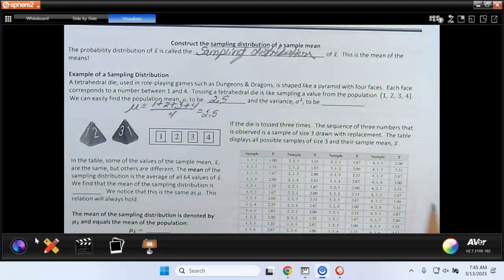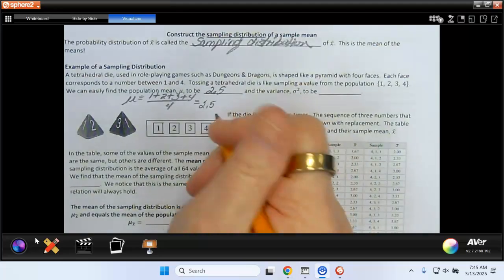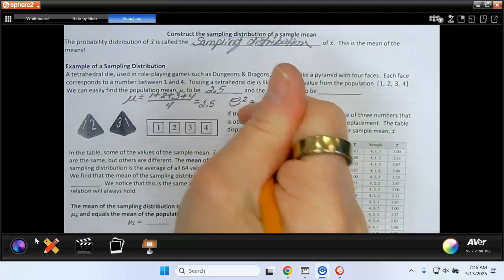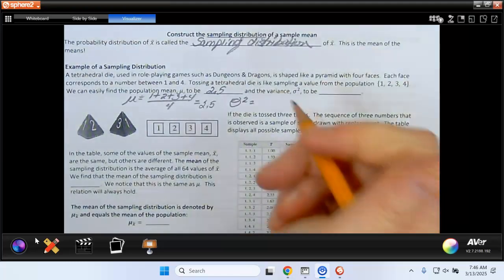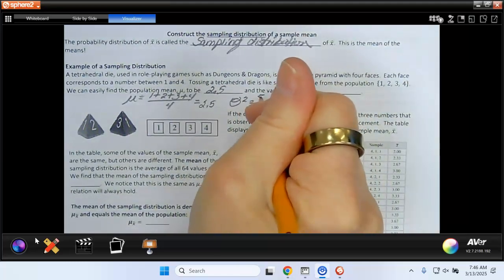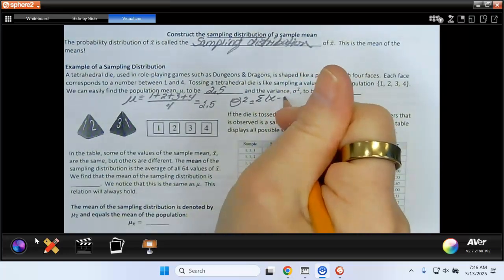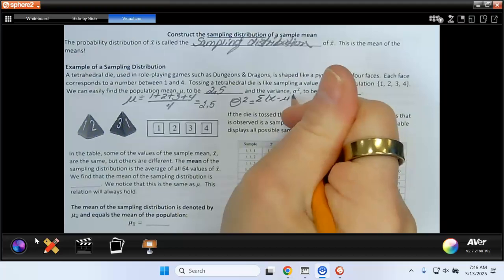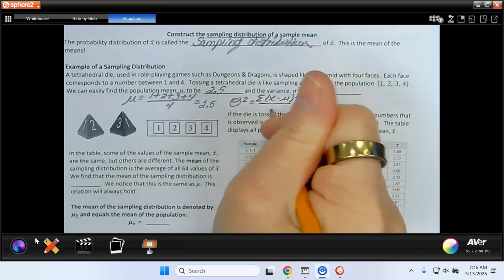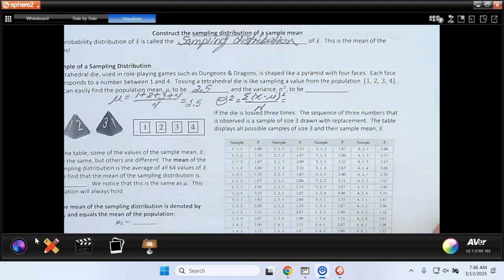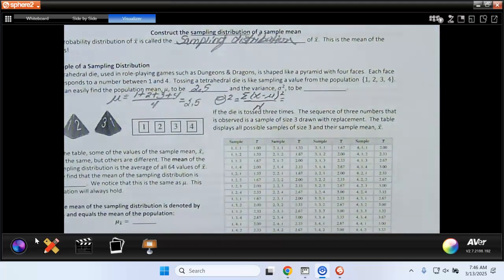To calculate the variance of those possible outcomes, remember our notation for variance: the sum of each of the x values minus the mean, the quantity squared, divided by the sample size. So if you're talking about this one, and I'm not leaving myself enough room, but you get the gist.